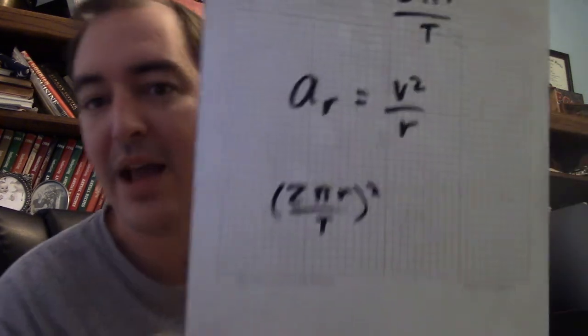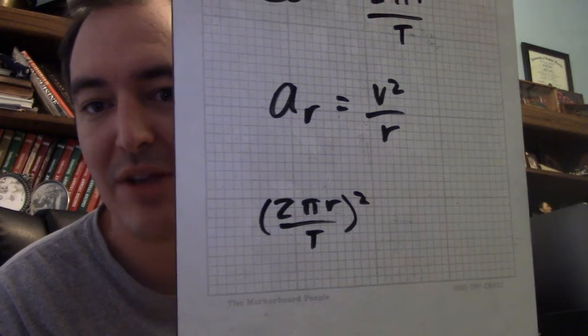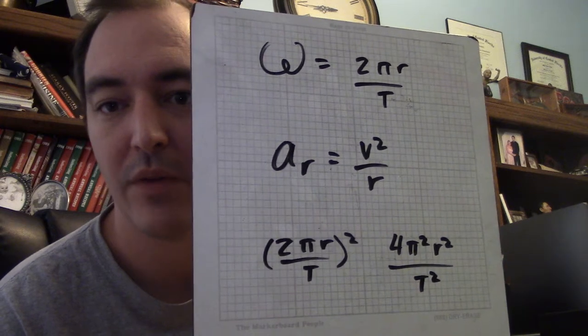So what we're going to do is square this 2 pi r over t, because we need to have 2 pi r over t squared. Everything there is inside the parentheses. And that's, again, just our velocity squared. And that's going to give us 4 pi squared r squared over t squared.